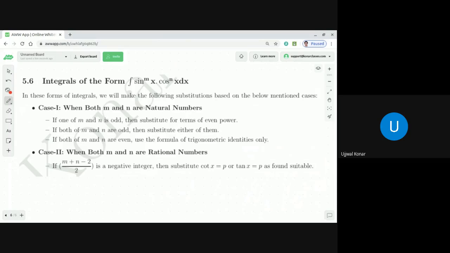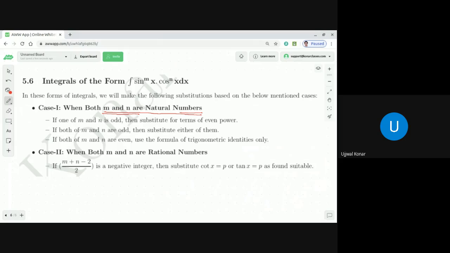The first one, case 1, when both m and n are natural numbers. When m and n both are natural numbers, what are you going to do?